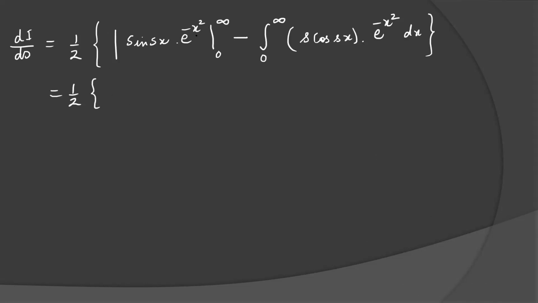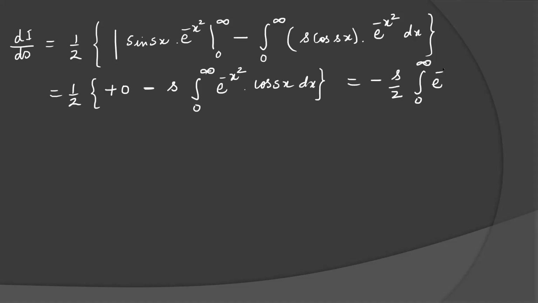If you apply infinity, e to the power minus infinity is 0. If you apply 0, sine 0 is 0. So this term will be 0, minus s you can take outside, the integral from 0 to infinity of e to the power minus x square into cos sx dx. So ultimately this is minus s by 2 times the integral from 0 to infinity of e to the power minus x square cos sx dx.